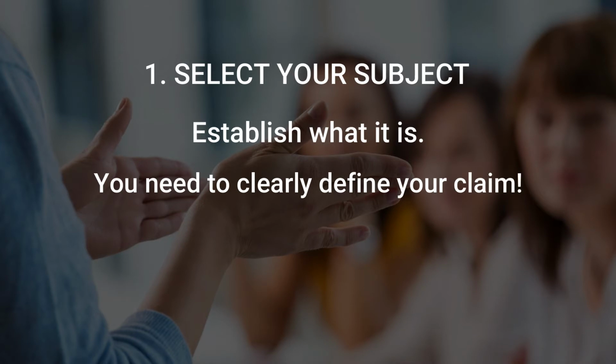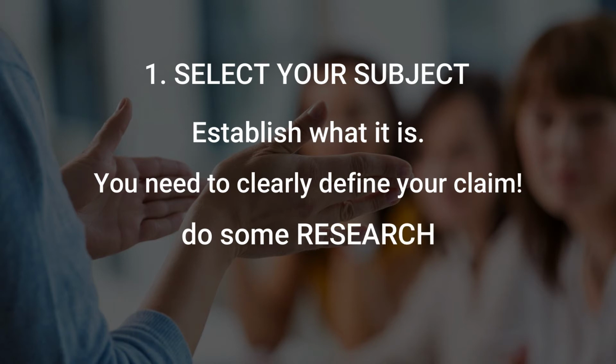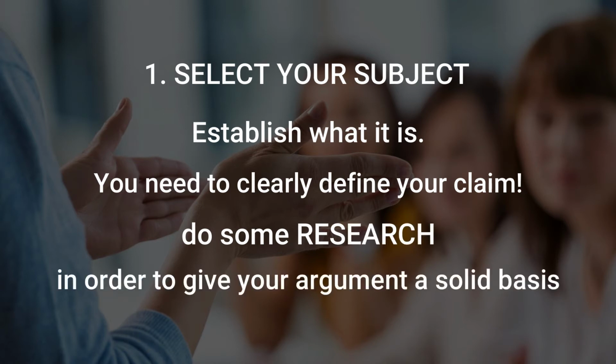In order to know exactly what you are trying to say, your main argument, you need to do a little research so that you can provide a very sound basis and convincing reasons and evidence concerning the argument that you are trying to give them.